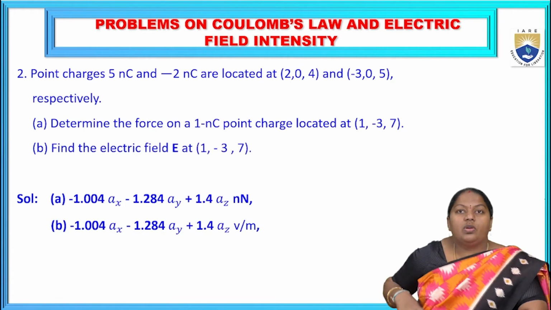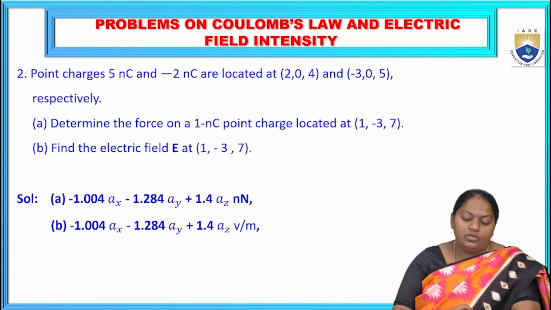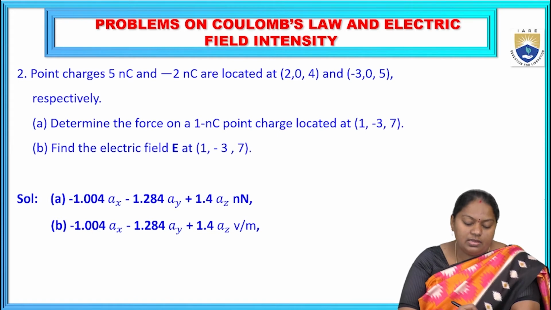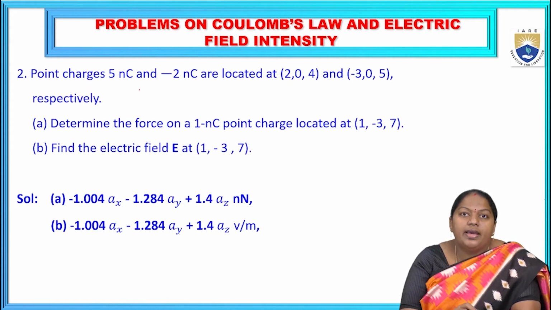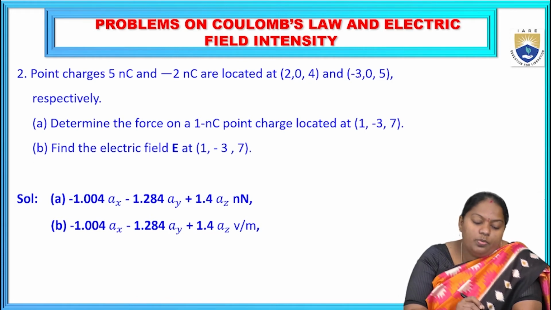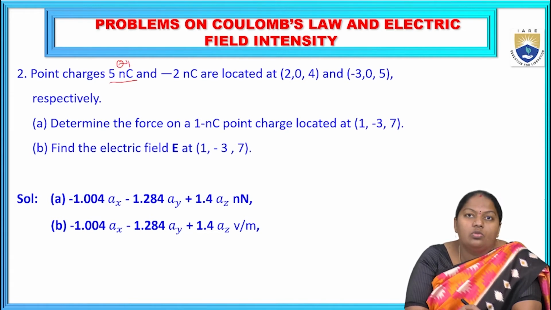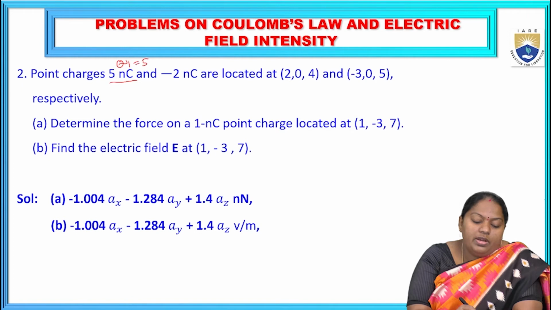So the second problem, similar to the one we already discussed in the previous case: point charges 5 nanocoulombs and minus 2 nanocoulombs are located at 2, 0, 4 and minus 3, 0, 5 respectively. Means two point charges. The value of Q1 is 5 nanocoulombs, which is equal to 5 into 10 power minus 9 coulombs.